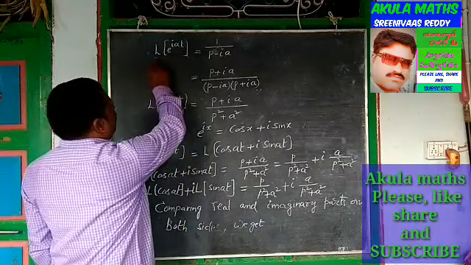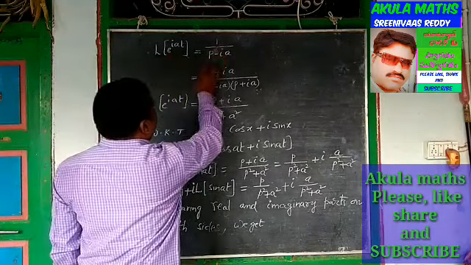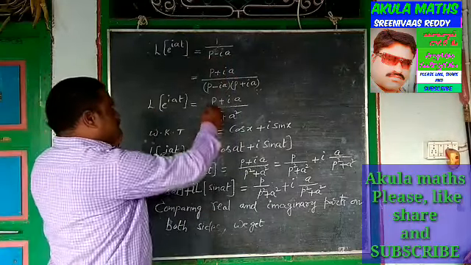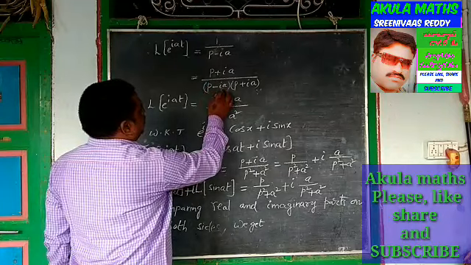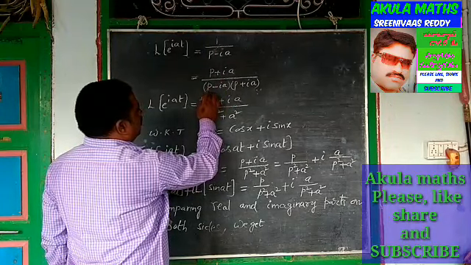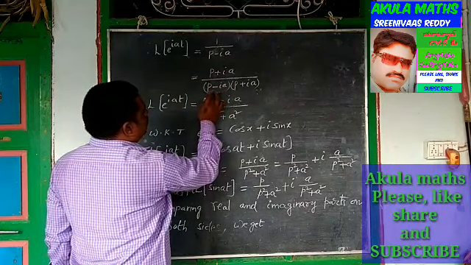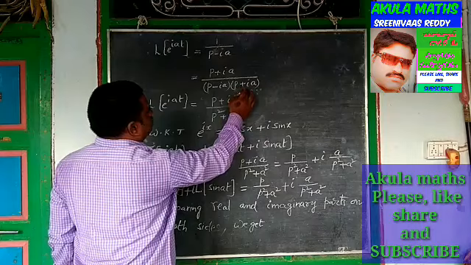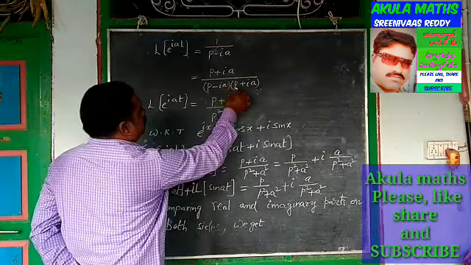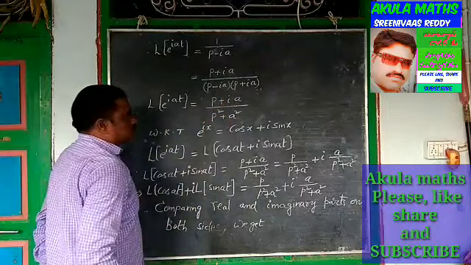Already we know that Laplace of e power iat is equal to 1 by p minus ia. Now rationalizing p minus ia, so p plus ia is the rationalized factor of p minus ia. So p plus ia by p minus ia into p plus ia. So this is in the form of a plus b into a minus b. A plus b into a minus b means a square minus b square.